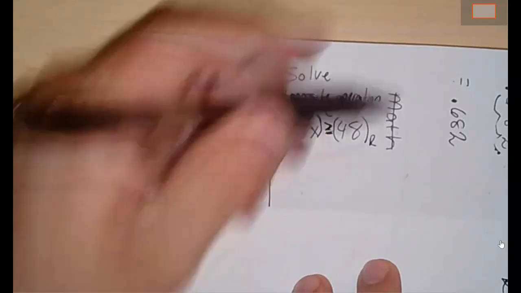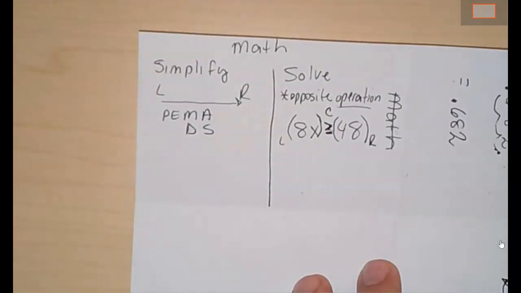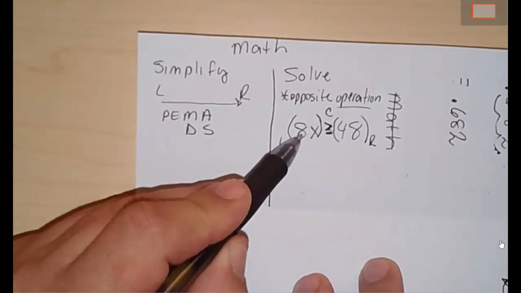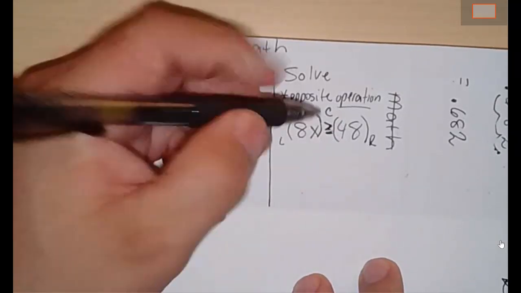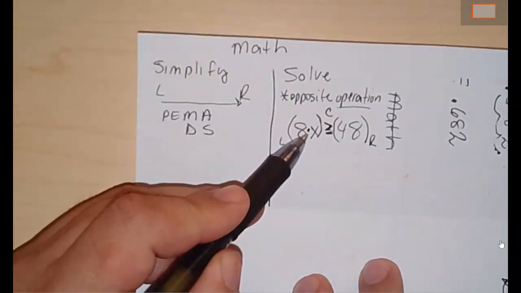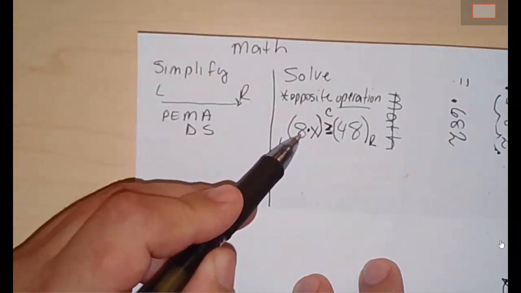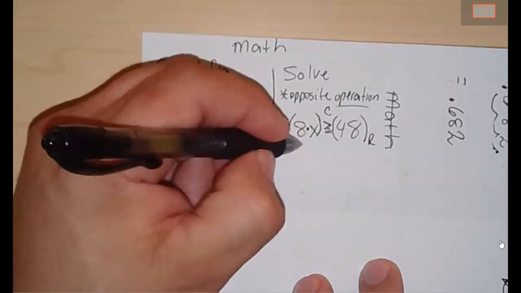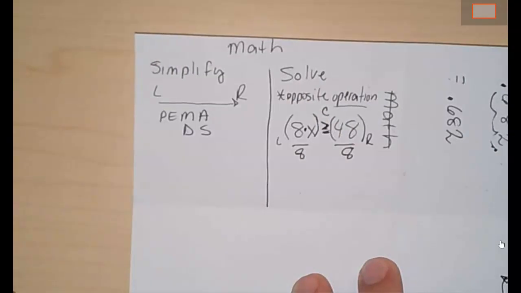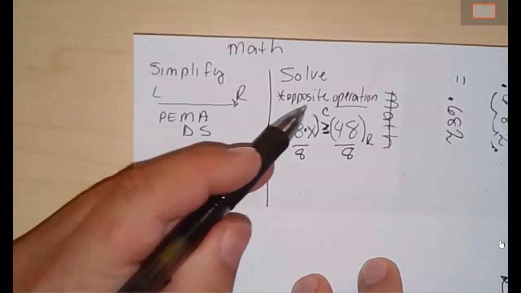Careful. You need the operation. So what is happening with the 8 and the variable? It's being multiplied. So you have to be careful. You have to find the operation. So multiply by 8, the opposite is divide by 8. Why do we do opposite operations?